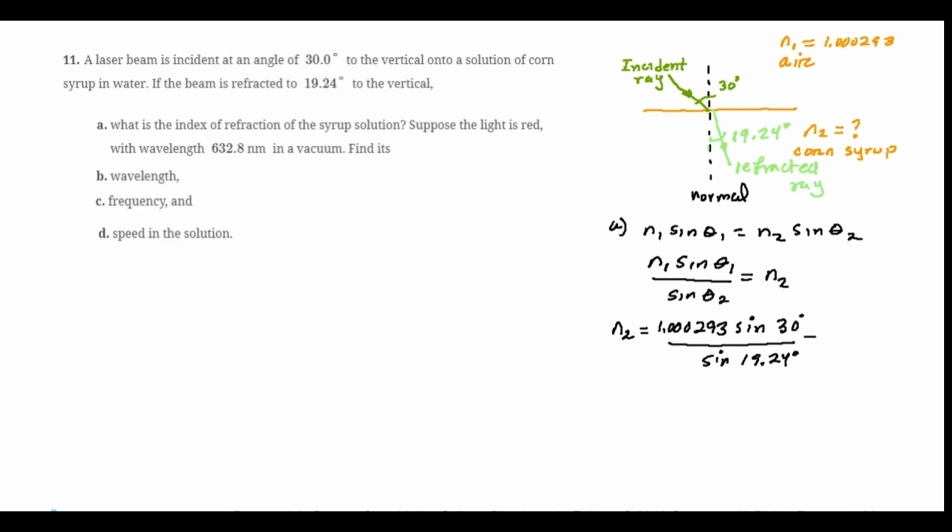So when we calculate n sub 2 with that data, we're going to get that n sub 2 is 1.517, which is approximately 1.52. So 1.52 will be the index of refraction of the solution.